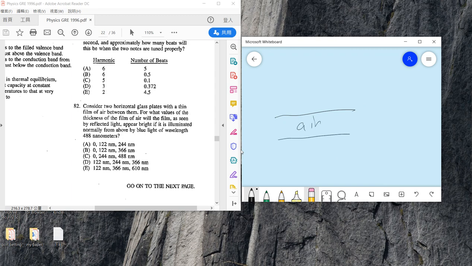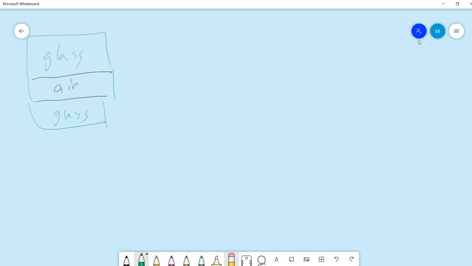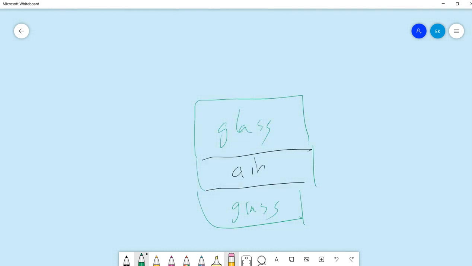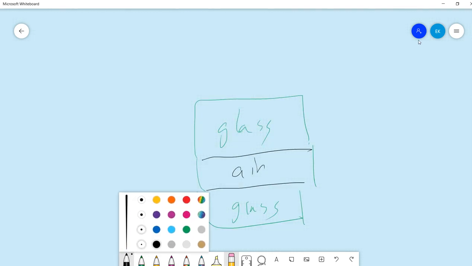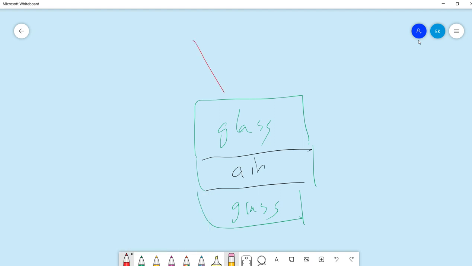So this is glass, and then you have a light passing in. Also I use a circle to mean this is the original phase.